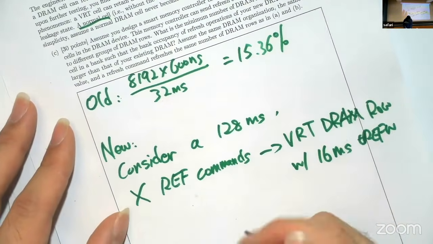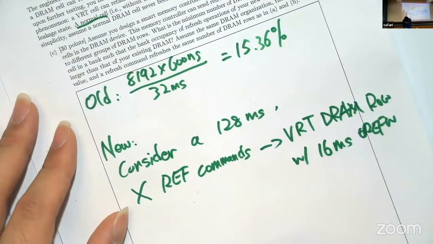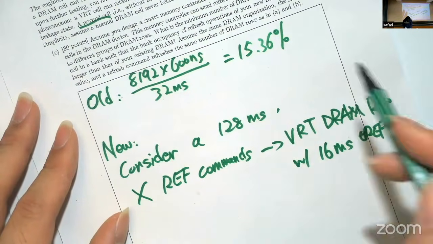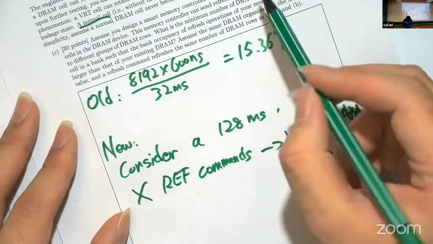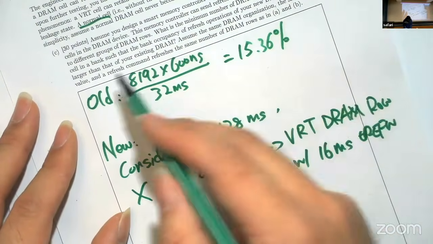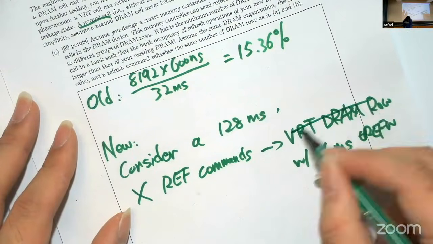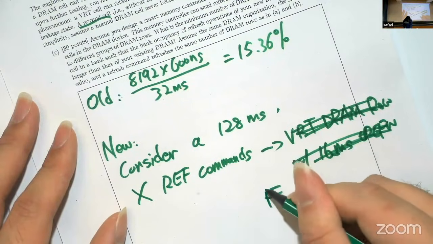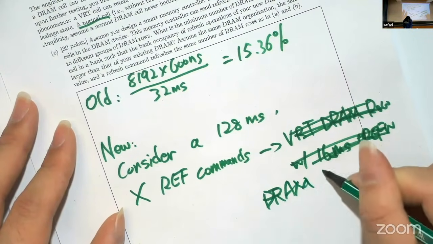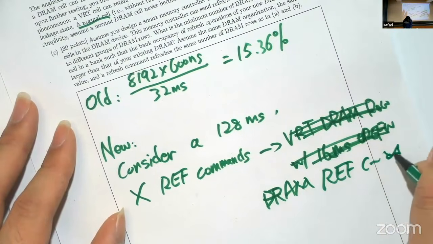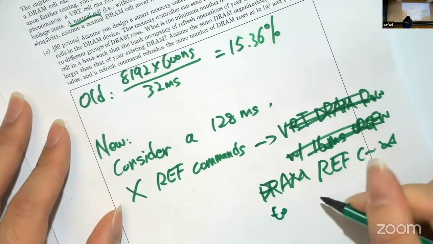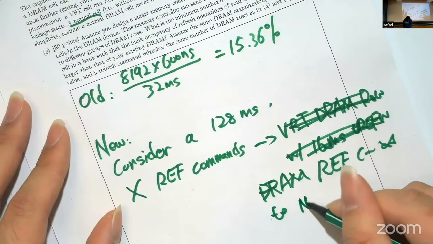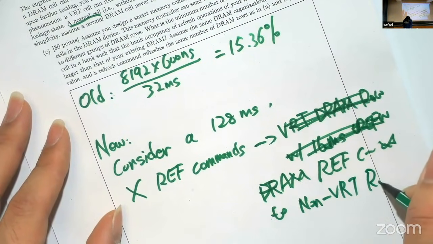Then the bank occupancy would be... since it's asking without any VRT cells, let's just set X to the DRAM refresh commands to non-VRT rows.